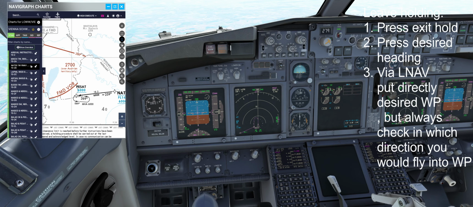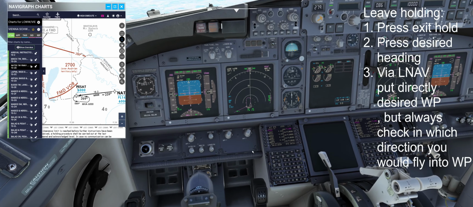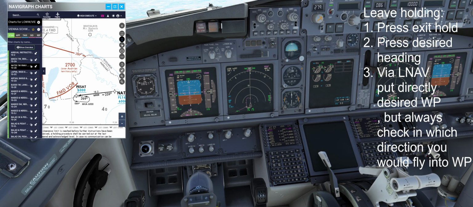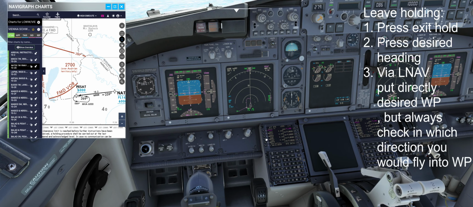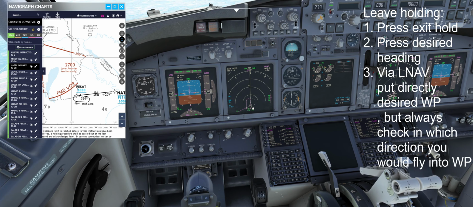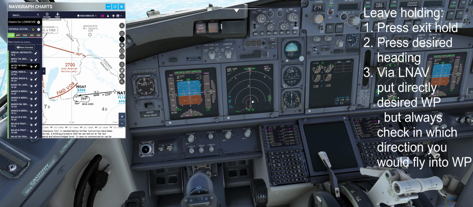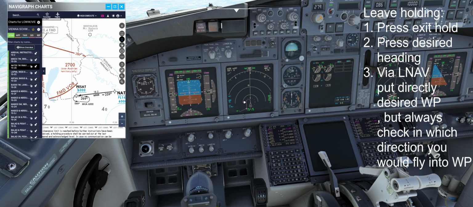If you have clearance from Vienna approach, for example, Scandinavian 454, proceed direct to Whiskey Whiskey 981 with the left turn, that means that once you put it here, you just need to confirm that your LNAV is not turning to another direction and it's turning to the left.